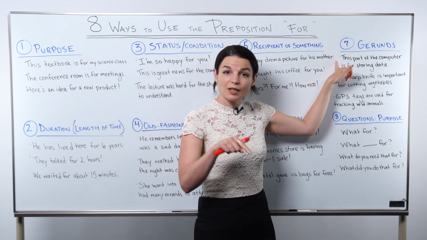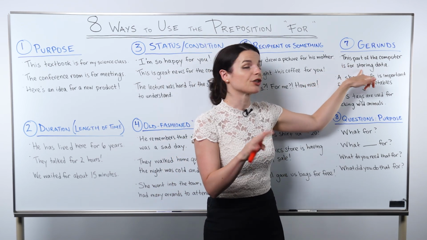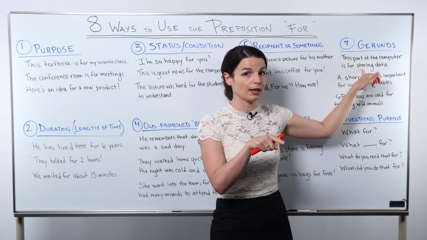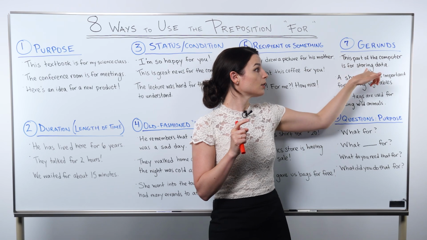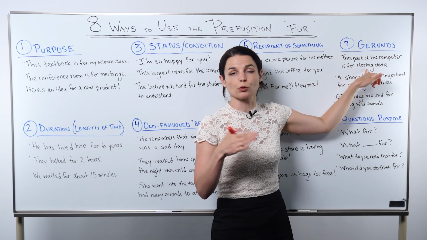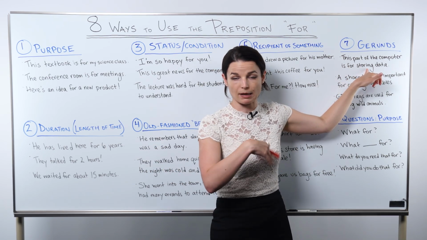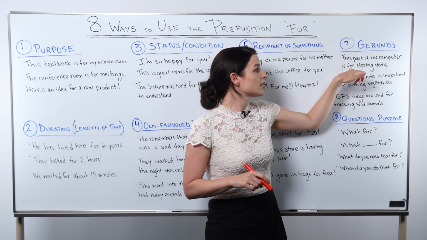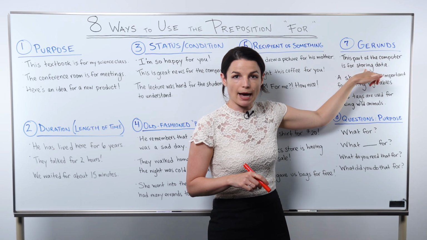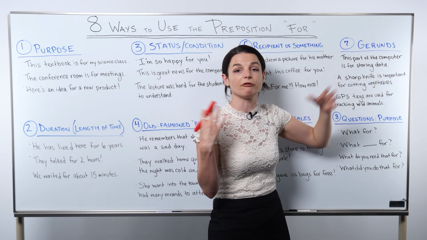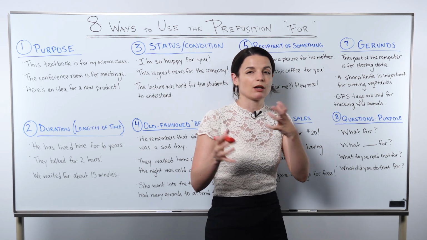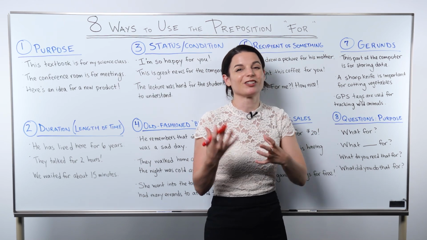Here's one. This part of the computer is for storing data. Here we have for plus storing. Storing, so to store means to keep something, like data in a computer. So we use this for ing pattern. You might also know the infinitive pattern, something, something, something to verb. That's a very common thing that we run into questions about.